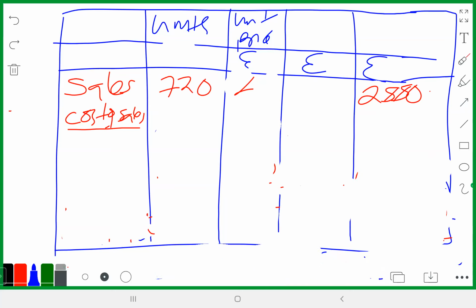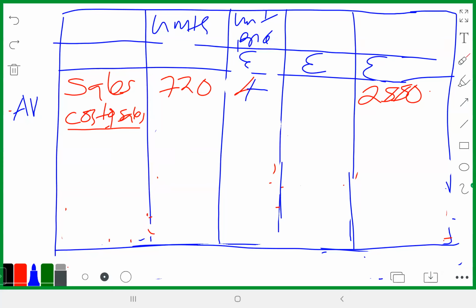When it comes to the average cost method, it's more interesting, this one. The sales is still the same.